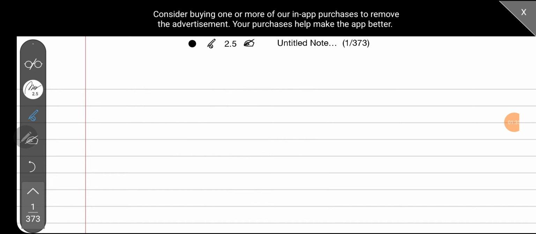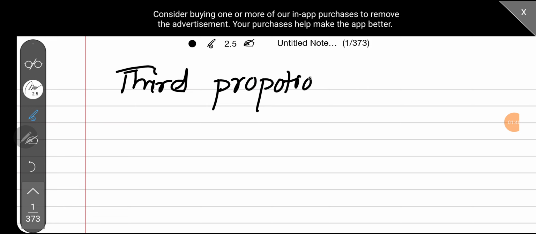Now we are going to find the third proportion of 3 7.